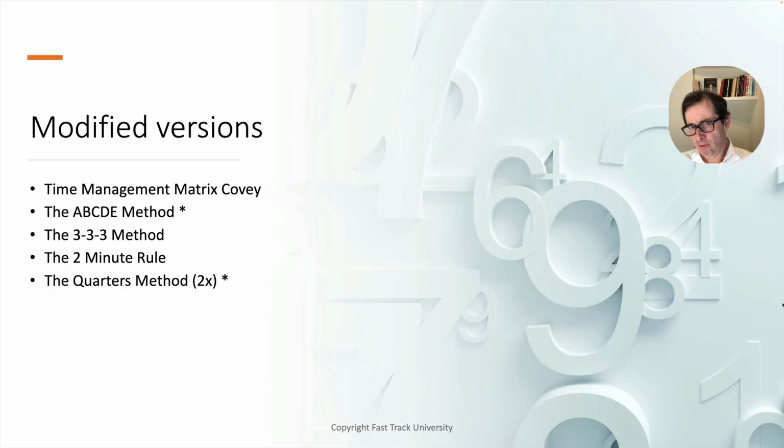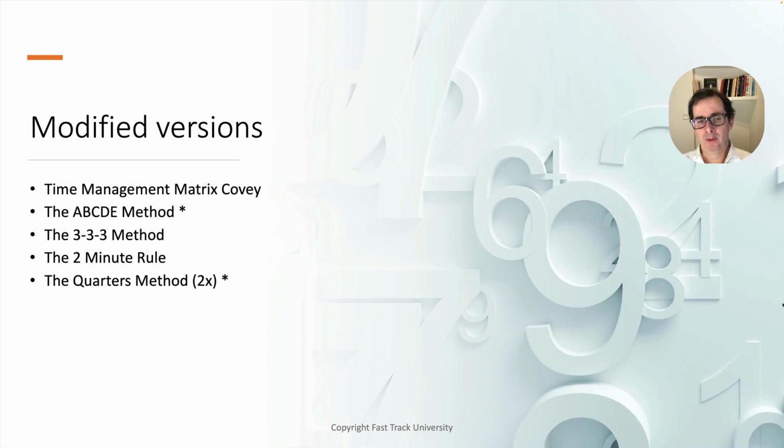So there are some modified versions on this one. The so-called time management matrix from Covey will help you a lot, because it gives more of a philosophy around it, how to navigate these four buckets. The ABCDE method, which I have a video on, will help you also to understand how to prioritize certain tasks. There's also the 3-3-3 method on mapping your tasks according to the day.